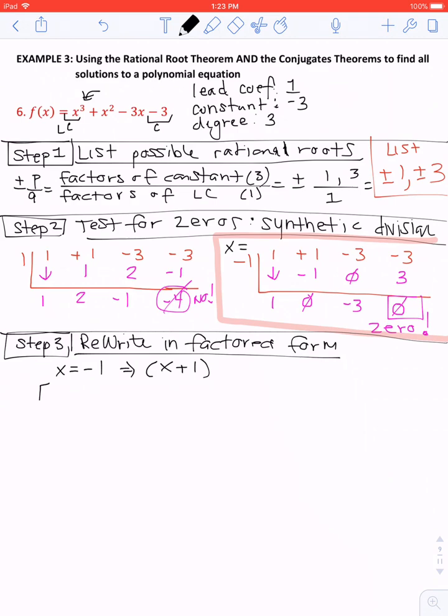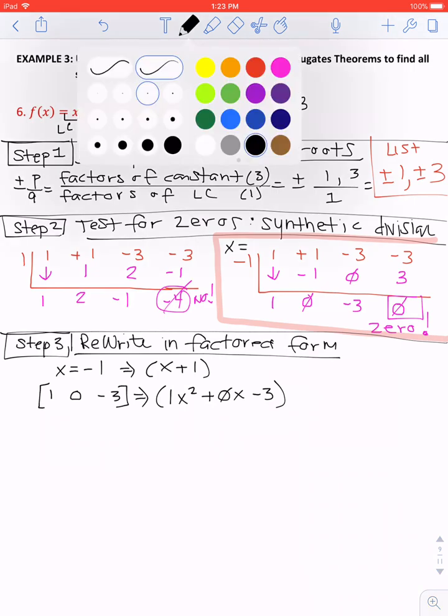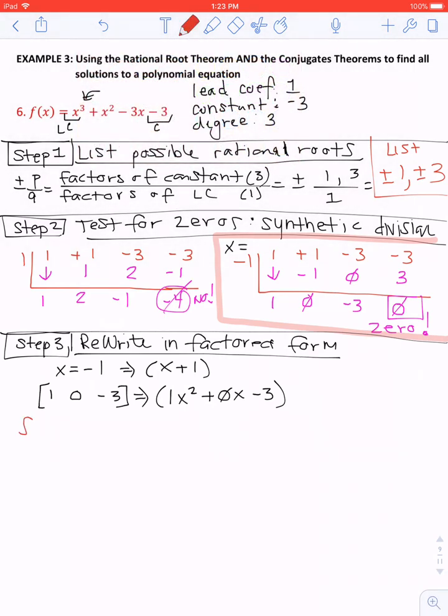When you have a synthetic quotient of 1, 0, -3, we started with x cubed, so this creates 1x squared plus 0x minus 3. So together they create a factored form of that function of f of x equals x plus 1 times x squared minus 3.